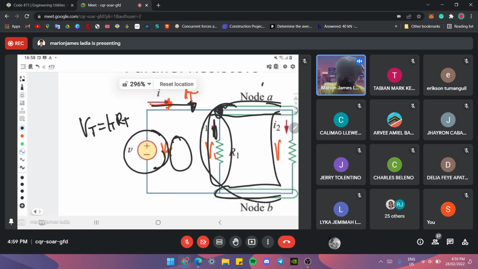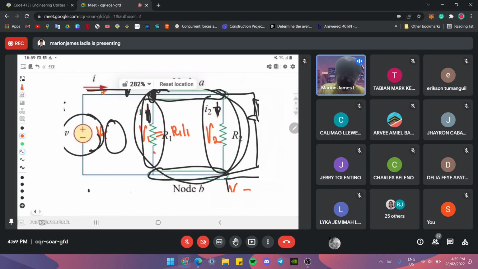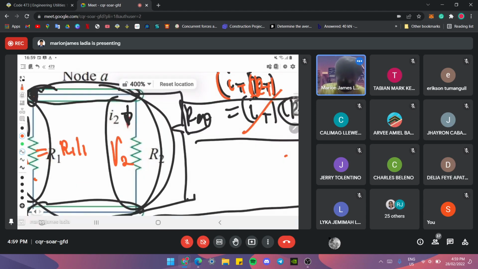Take note then that V1 is also equal to R1 multiplied by I1, the current that enters my resistor. And then with R2, V2 will be equal to R2 multiplied by I2.